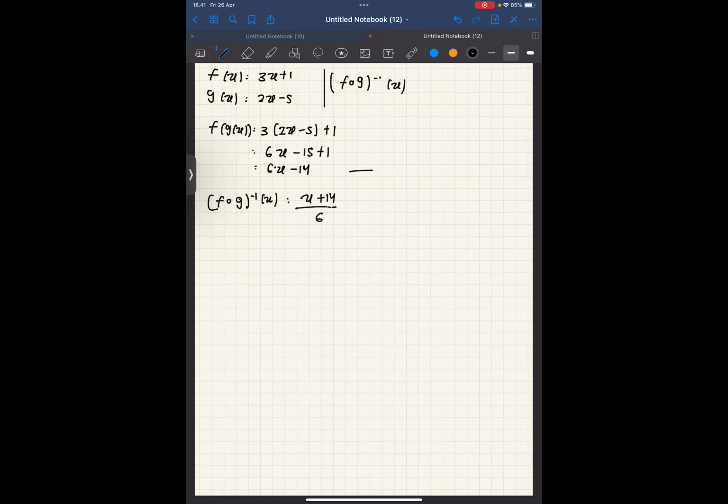Now if we're trying it with the long way, we got y equal to 6x minus 40, 6x equal to y plus 40, x equal to y plus 40 over 6. Or we can change it to x plus 40 over 6.